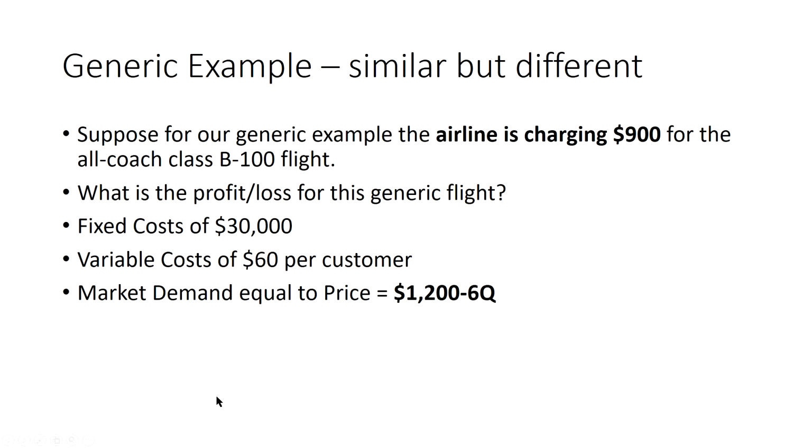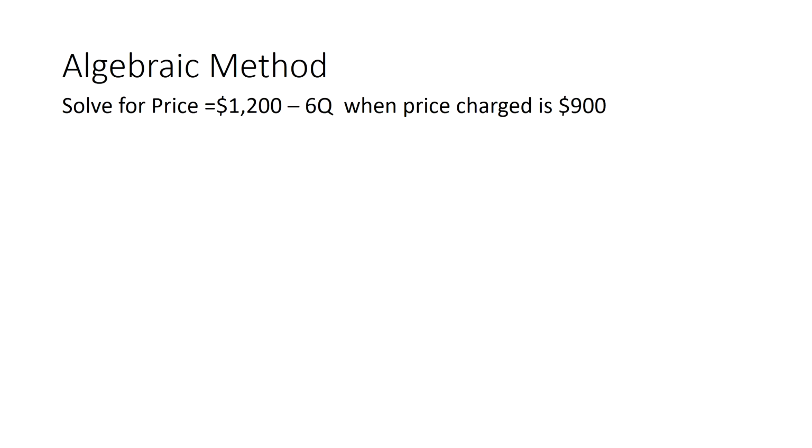I'm changing the market demand for my generic example to 1200 minus 6Q, and in yours it's a different value, but take a look at this example. Nevertheless, you'll learn from it and know how to do it. It's only a slight variation. So 900 and 1200, those are the two differences between the example in this video and the actual assignment that you're going to be submitting.